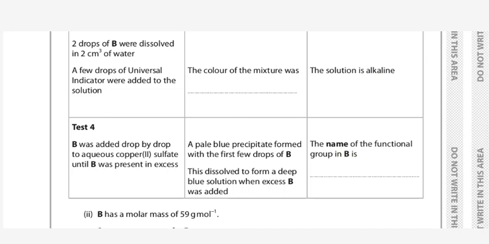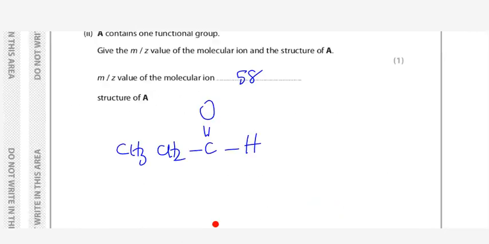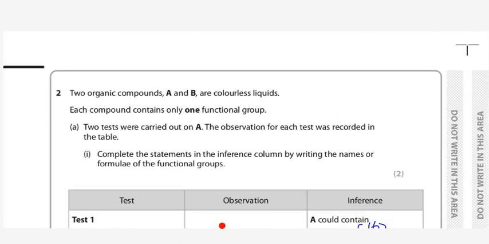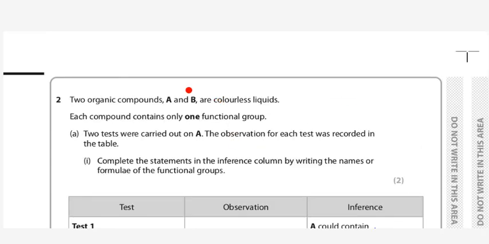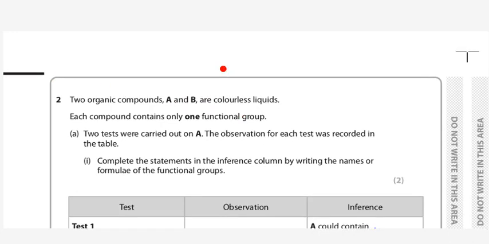Ammonium, yes. But we can't say ammonium hydroxide because it says organic molecule, right? Organic molecule at the beginning. I remember something like that. One functional group. Yes, two organic compounds. So it can't be ammonium hydroxide.